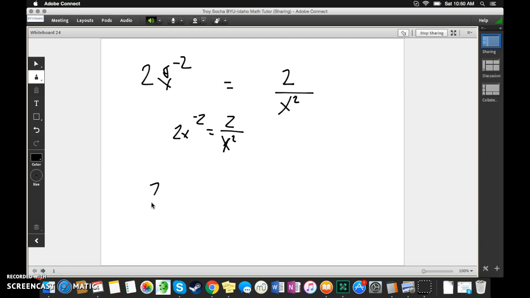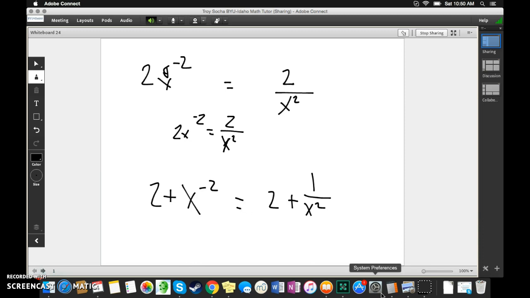If it was addition, we could say the 2 doesn't have anything to do with it, but we couldn't put the 2 on top. It would have to be 2 plus x squared. That's how that would have to look, because exponents do not play well with addition or subtraction.